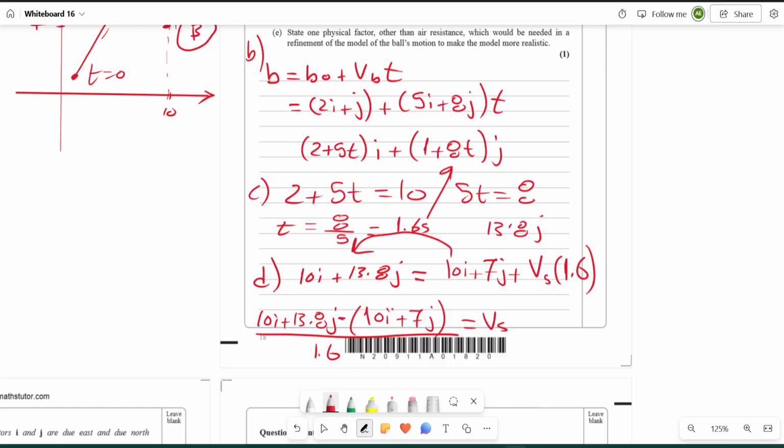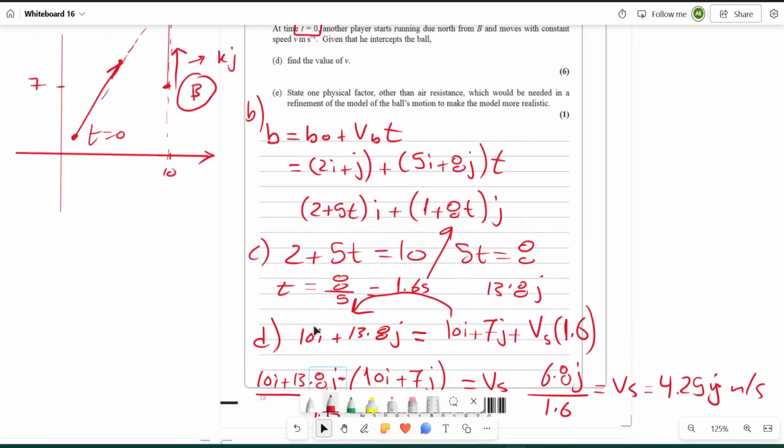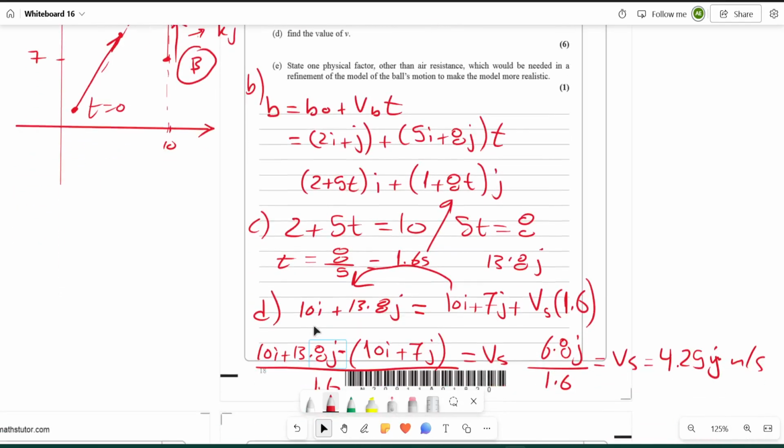So 10i minus 10i is 0, and then 13.8 minus 7 is going to be 6.8j over 1.6, which equals the velocity. Dividing by 1.6 gives me a velocity vector of 4.25j meters per second. So that is the velocity required for the boy to move and intercept the ball.